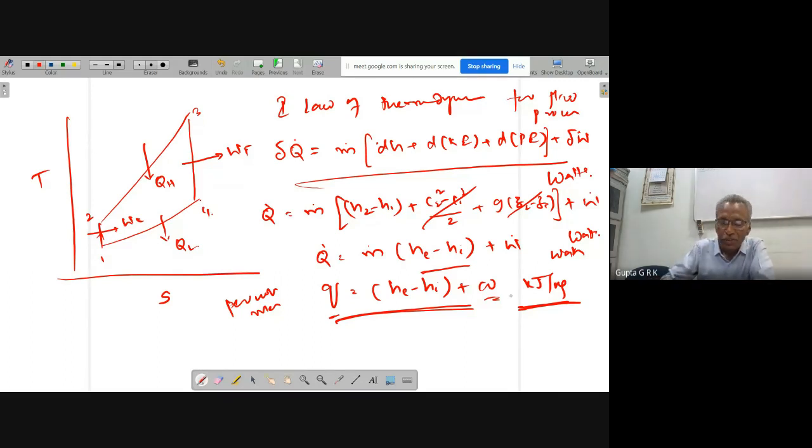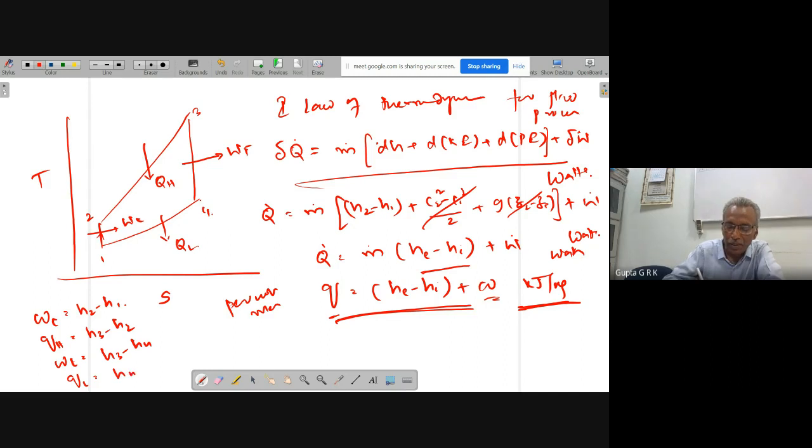Now, compressor work WC is equal to H2 minus H1, and heat addition QH is equal to H3 minus H2, and WT, turbine work, is equal to H3 minus H4, and heat lost QL is equal to H4 minus H1.